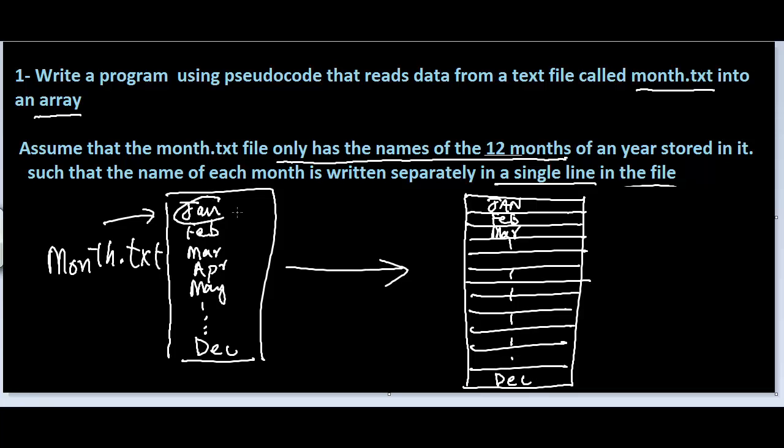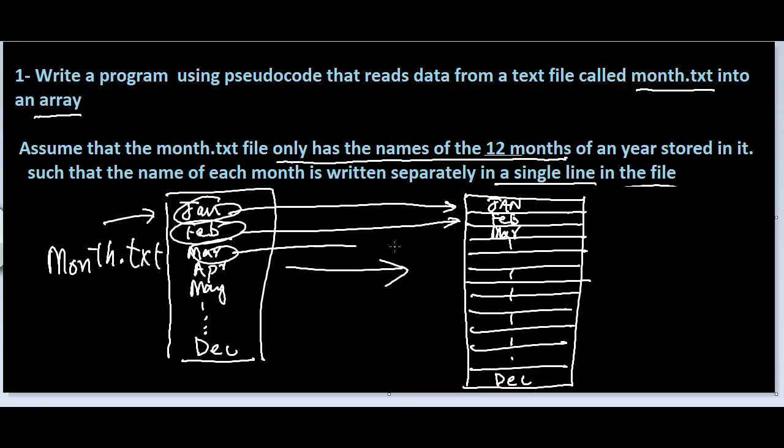So one line has one element in the array, right? And this December, right here. So this is our array. So this is the basic question, and we're supposed to solve this in pseudocode.